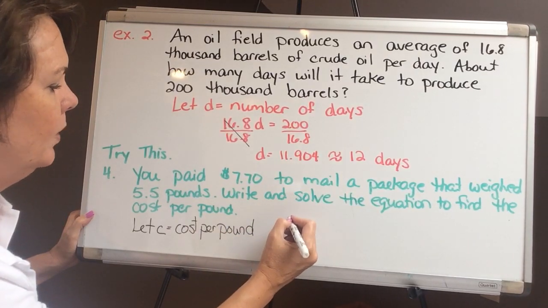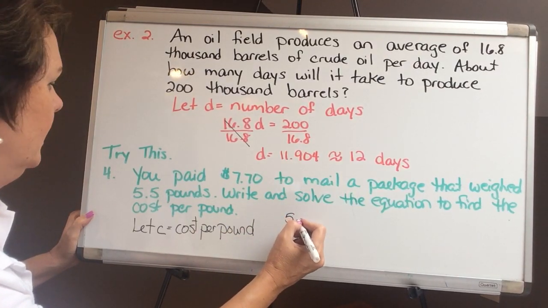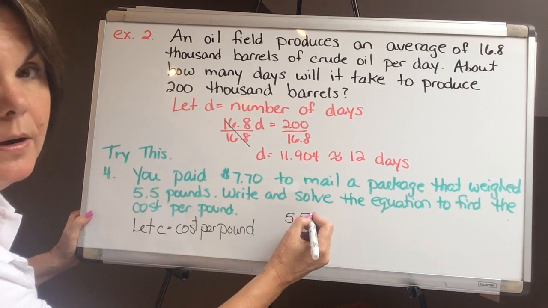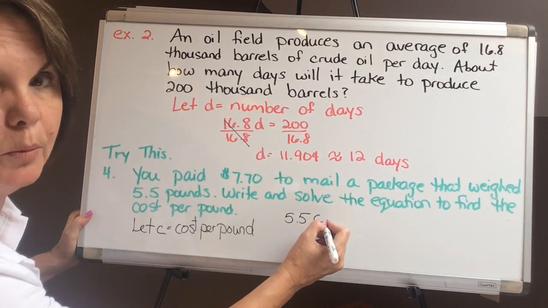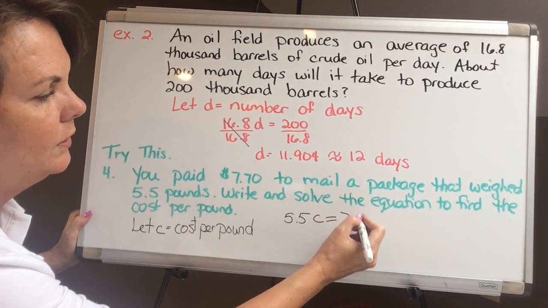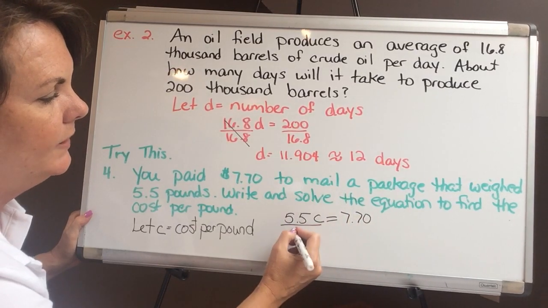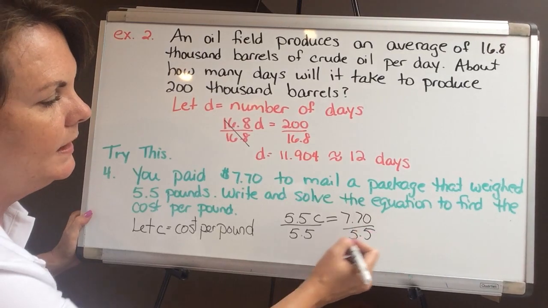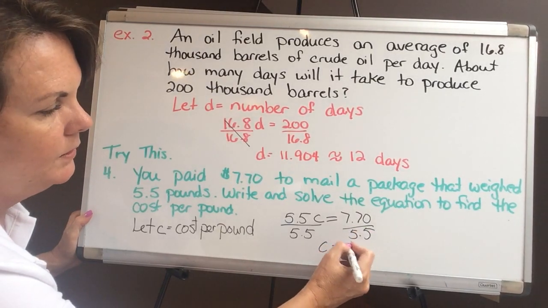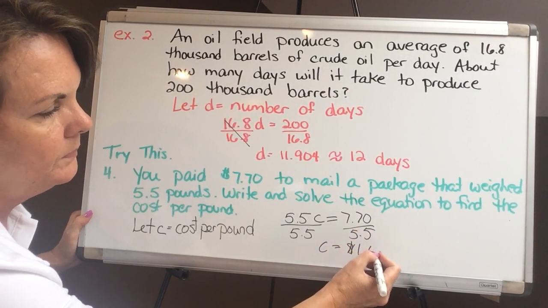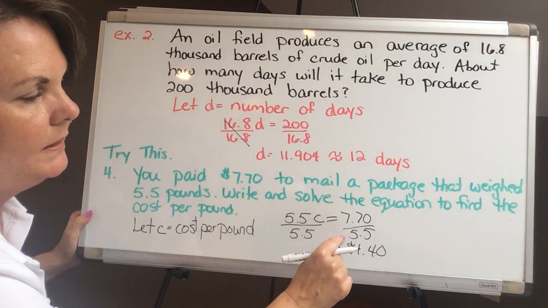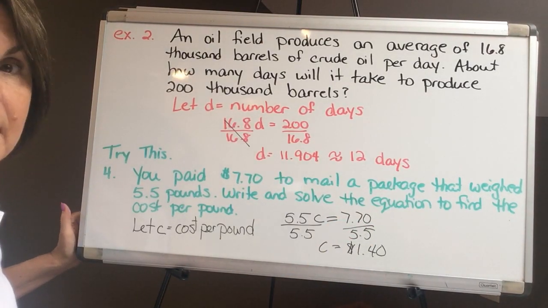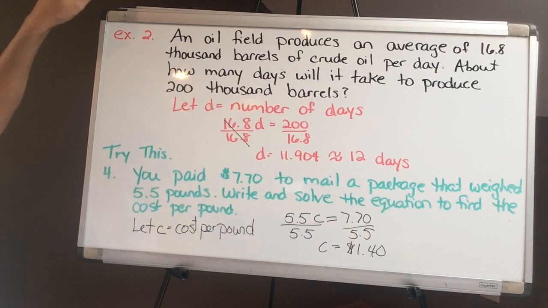Okay, so you are mailing 5.5 pounds times the cost per pound, and you paid $7.70. And you're now going to divide that by 5.5 on both sides, and the cost comes out to be $1.40. 7.70 divided by 5.5 comes out to be $1.40 per pound.